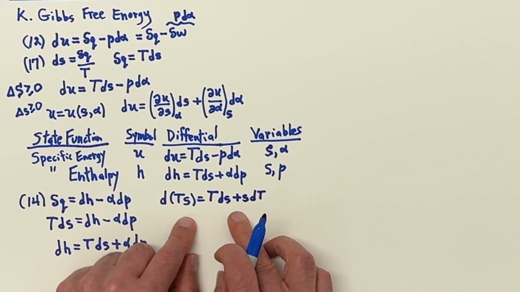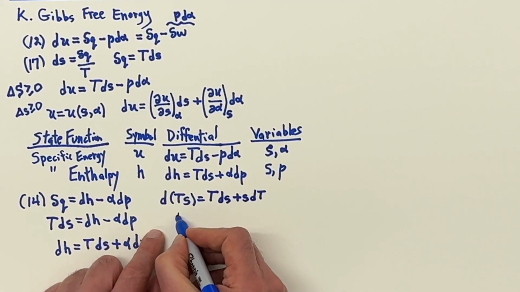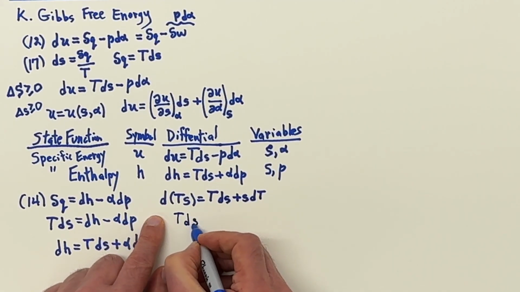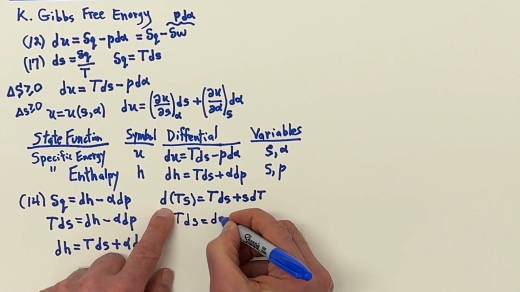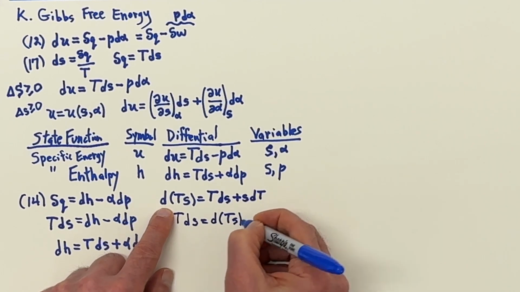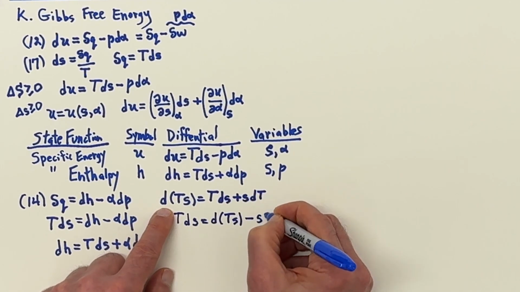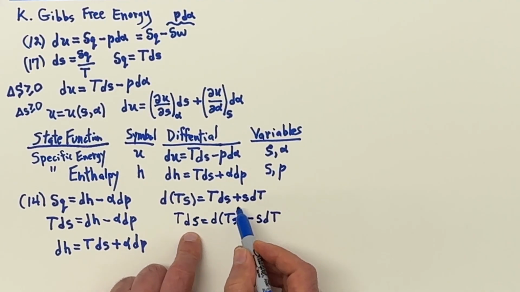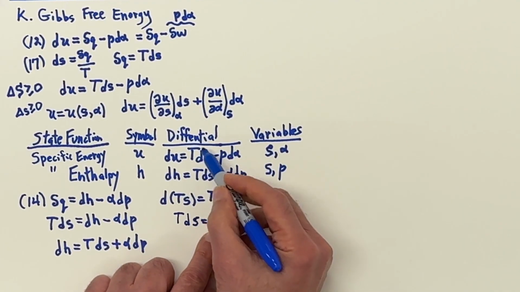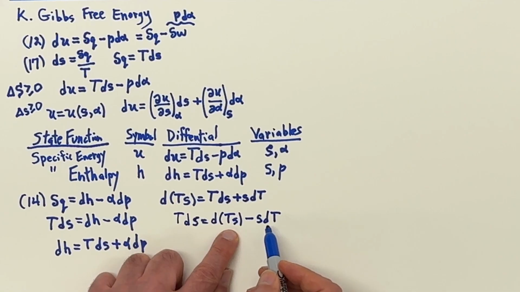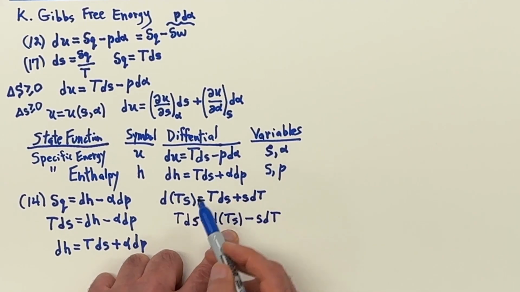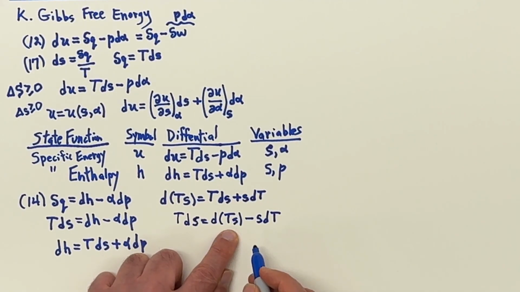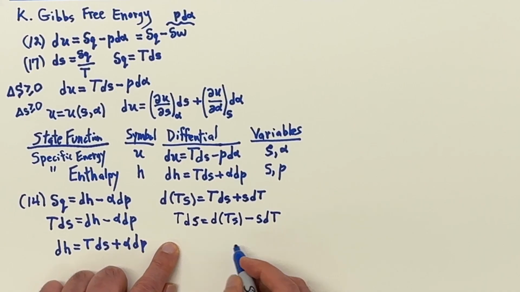So using this equation, I can then solve for t ds, and that's going to be d of ts minus s dt. So by putting this substitution in here, I'm going to get the s and t switched, which is my goal. So let's do that.